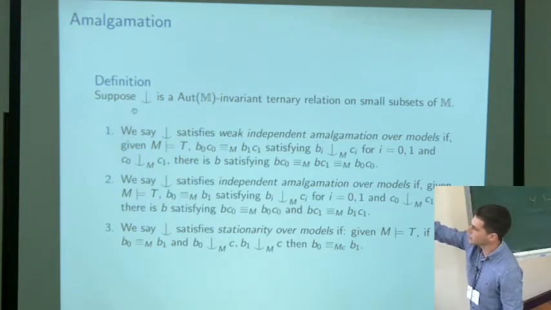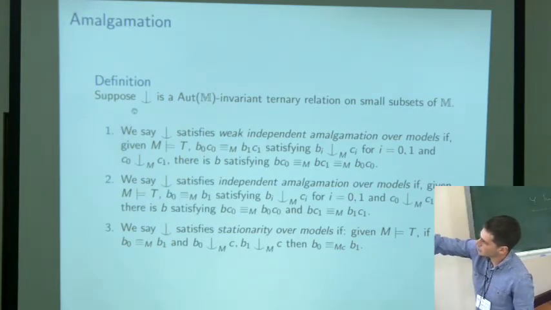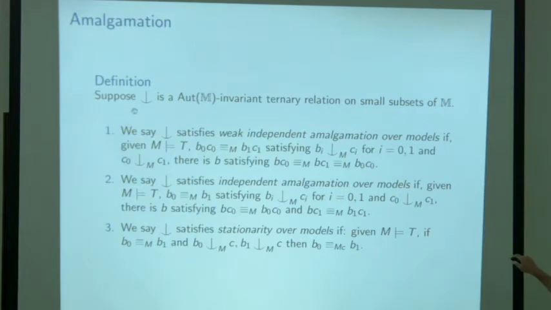So now jump up to here. This says if I have two pairs, B0, C0 and B1, C1, so they have the same type over the model, the Bi are free from the Ci, and the C0 and C1 are free from one another. Then I can find some element which from C0's perspective looks like B0, and from C1's perspective looks like B1.